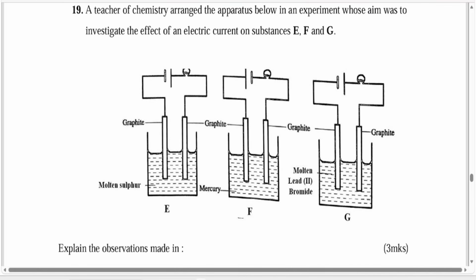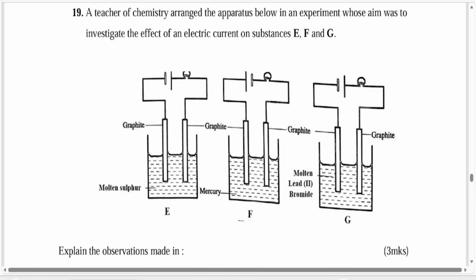Next, question number 19. A teacher of chemistry arranged the apparatus below in an experiment whose aim was to investigate the effect of an electric current on substances E, F, and G. Looking at the setups, we have set up E. The electrolyte that has been used is molten sulfur.